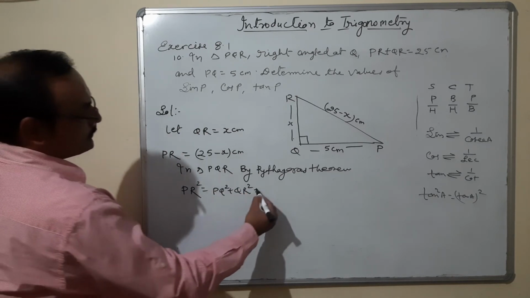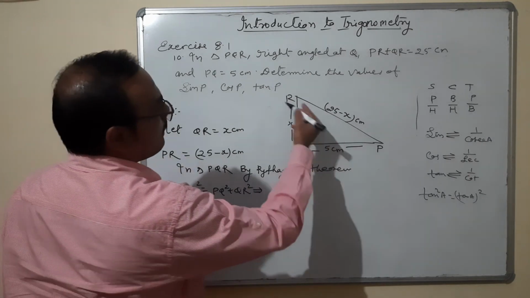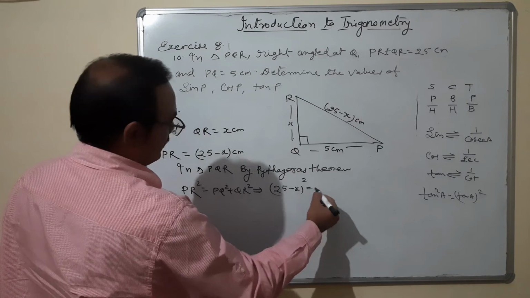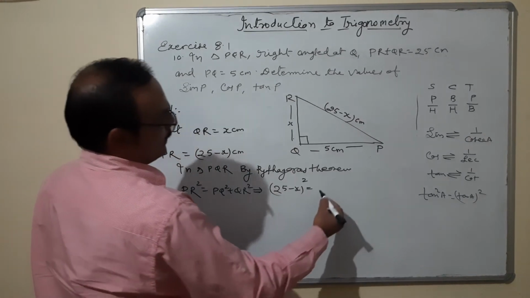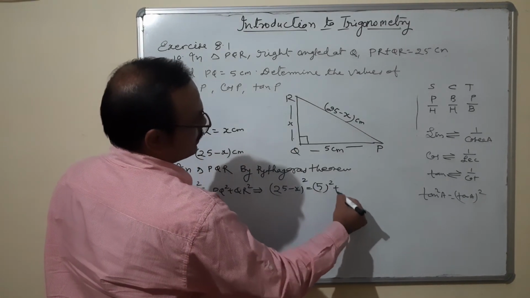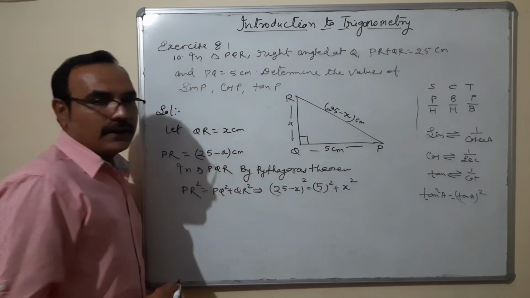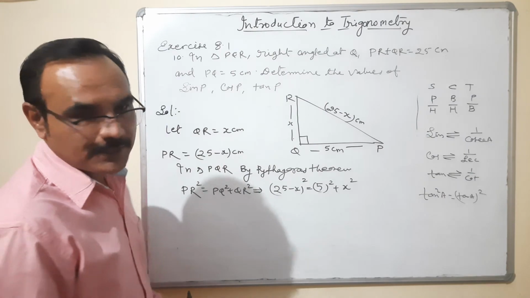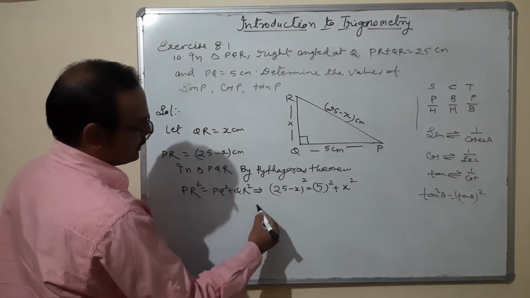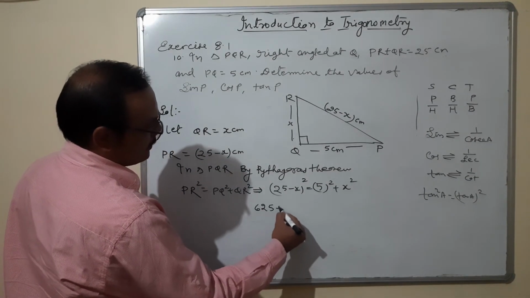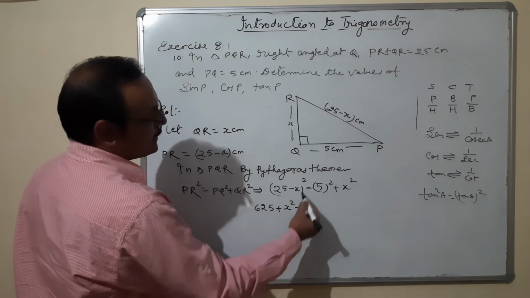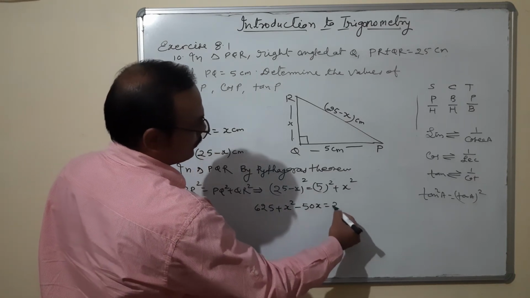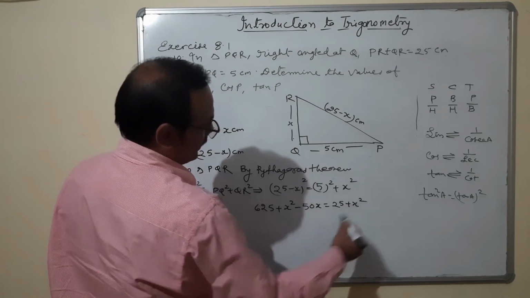PR is 25 minus x, so (25 minus x) whole square is equal to 5 square plus x square. Here we'll use the identity (a minus b) whole square equals a square plus b square minus 2ab. So 25 square is 625, plus x square, minus 2 into 25, that is 50x, is equal to 25 plus x square. Okay.